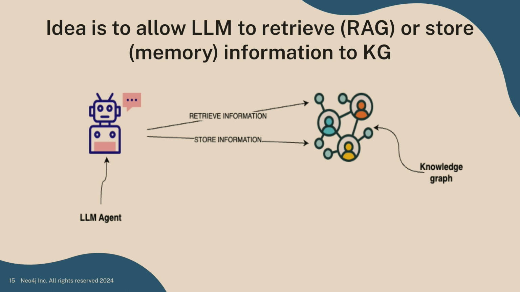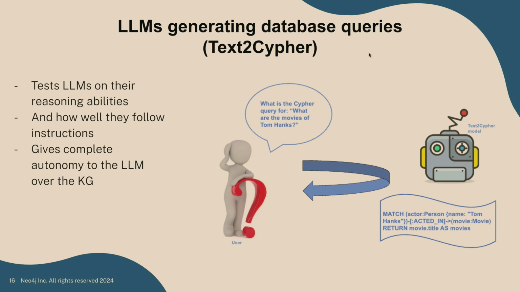And I mean, you can do a lot of things. And at first, when GPT-4 came out, we were all very excited about generating database queries, either text to SQL or text to Cypher in Neo4j space. So the idea is you give the LLM user input and database schema, and then the LLM generates a database query that fetches relevant information from the database, right?